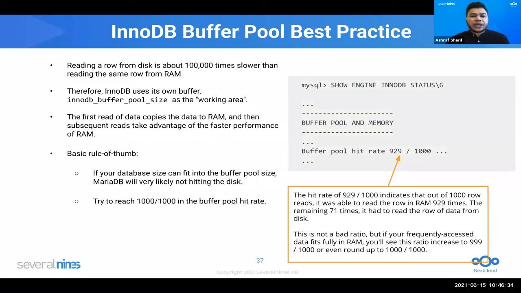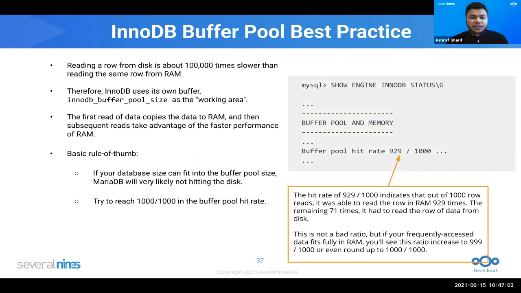Then check the buffer pool hit rate every now and then, and make sure you get the maximum ratio, for example 999 over 1000 or 1000 over 1000. Otherwise, the remaining missed hits basically mean MariaDB had to hit the disk to fetch the rows. If your data can fit into the buffer pool, you would usually get 1000 over 1000.